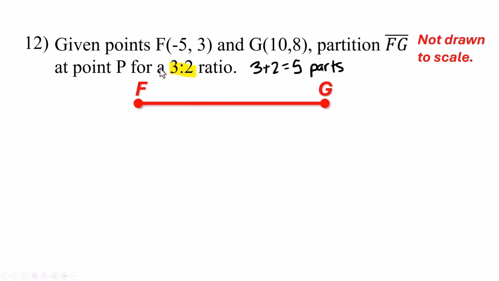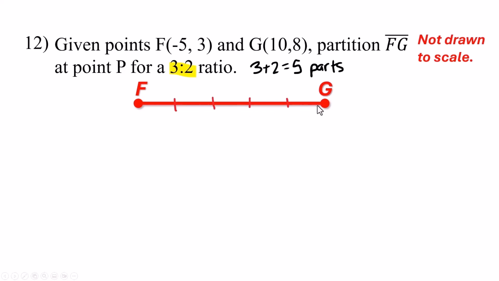So before I do anything more, I'm just going to put in some scratch marks and split this into 5 parts. That means you're going to put in 4 little marks because you'll have 1, 2, 3, 4, 5 sections. It's like a sub sandwich that you get from the deli, and then you split it up into 5 parts.